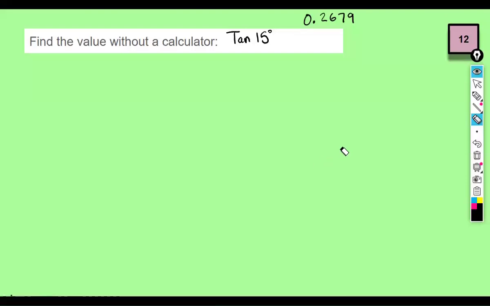Find tan 15, but don't use the calculator. My question to you is, what can we replace tan 15 with? What two angles can you replace the 15 degrees with? And it has to be from 0, 30, 45 or 60 degrees. You have to come from those choices.